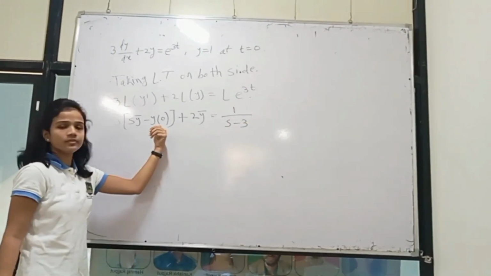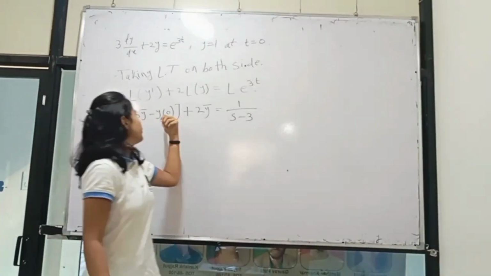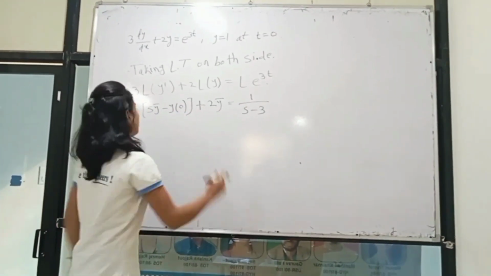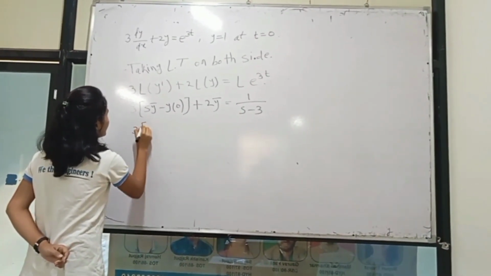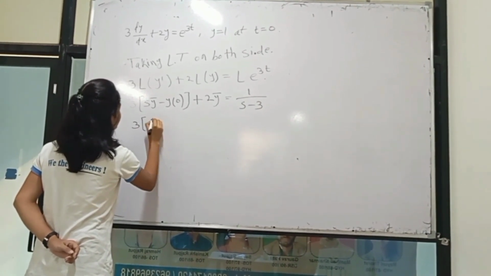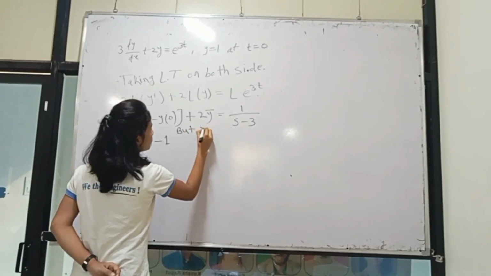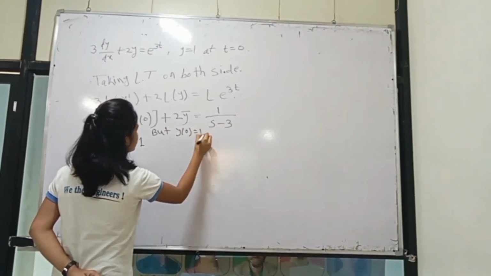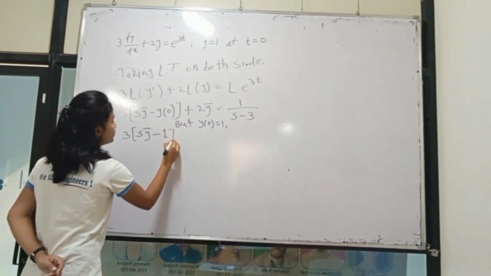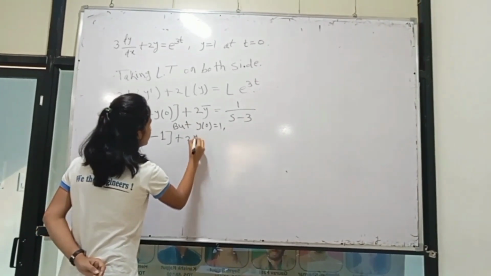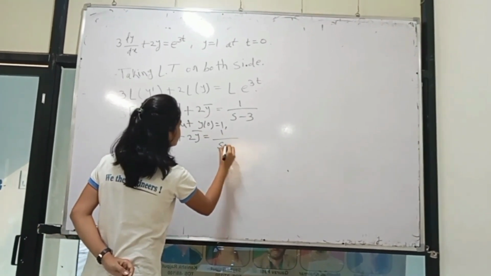So we know the value of y naught, so we can put y naught is equal to 1 in this.